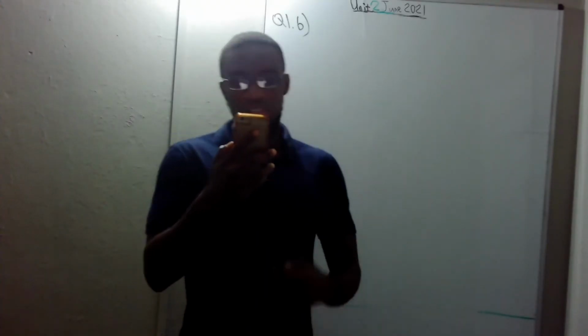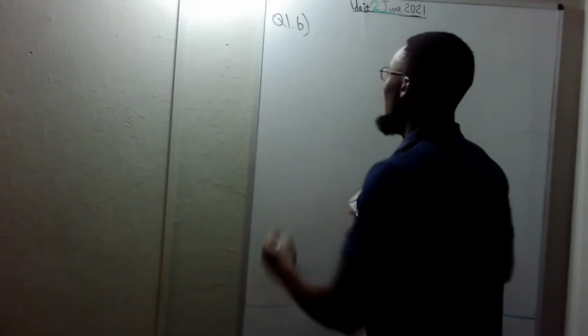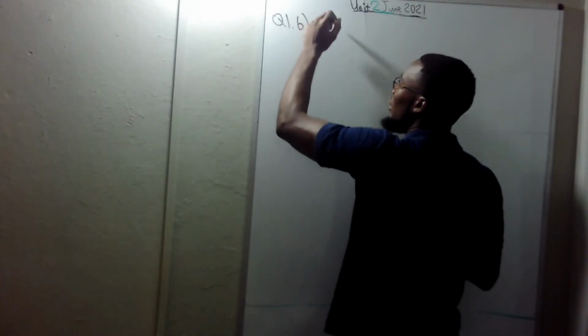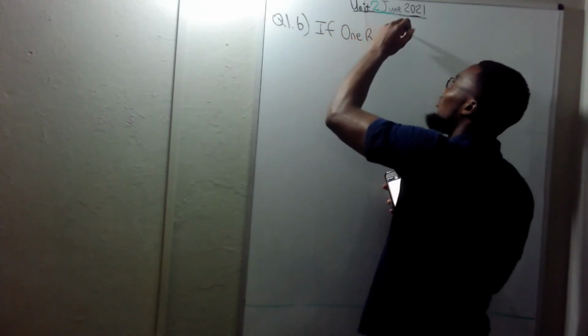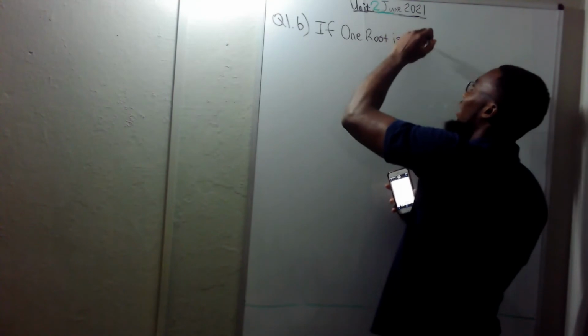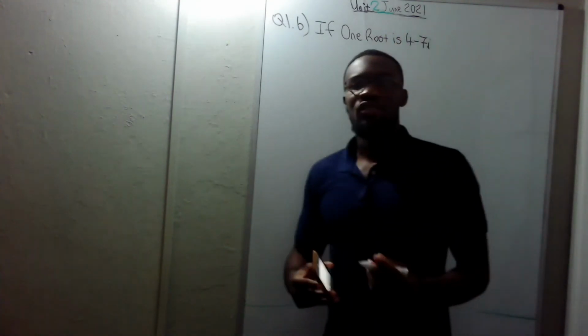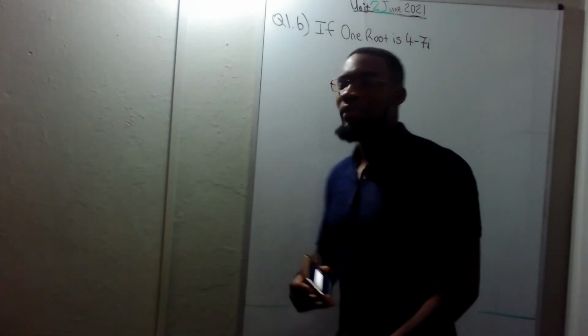Alright. Question 1b, it says 1 root of a quadratic equation is given as 4 minus 7i, and it wants us to determine the quadratic equation with real coefficients with root 4 minus 7i. So first thing, if 1 root is 4 minus 7i, we have to remember that roots occur in conjugate pairs.